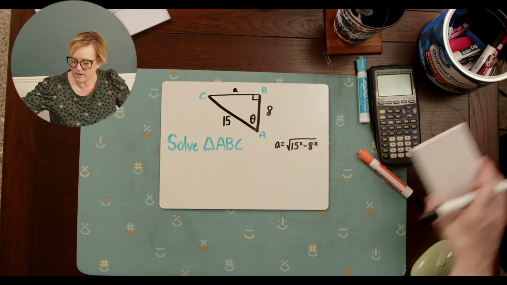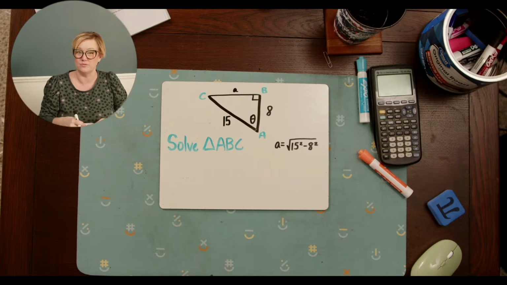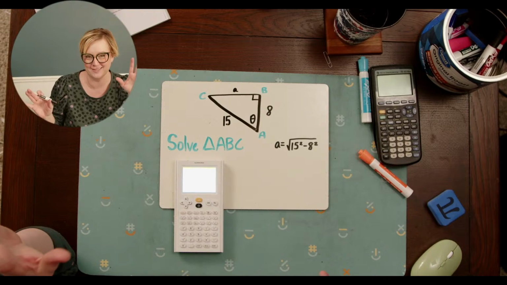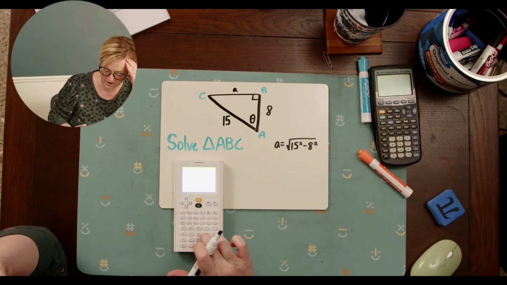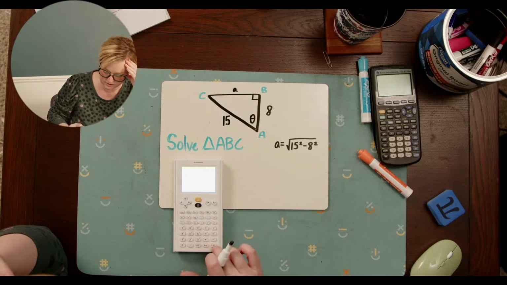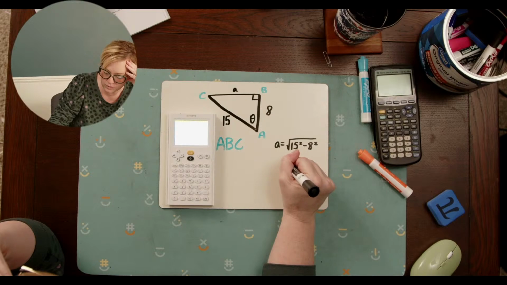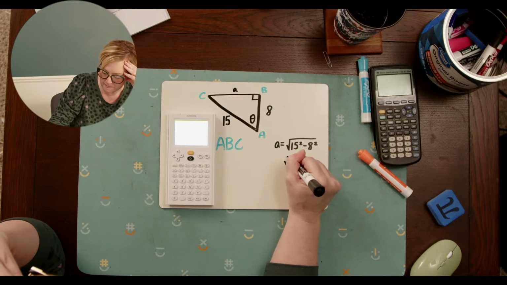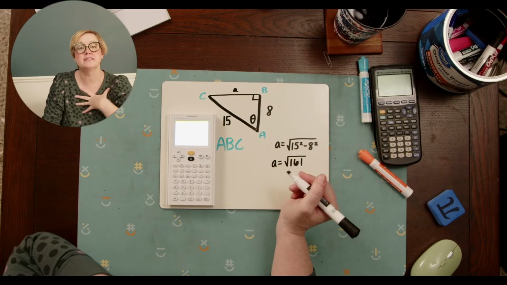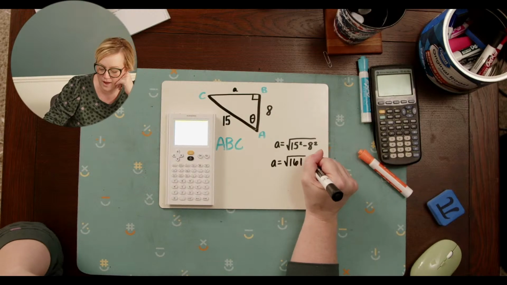I'm going to use my NumWorks calculator because it simplifies radicals for me and it's amazing. Hashtag not sponsored. So we've got root of 15 squared minus 8 squared, and I didn't even need to simplify it. It is root 161. Usually when I'm asking my own students to solve triangles, I would say round to the nearest tenth.